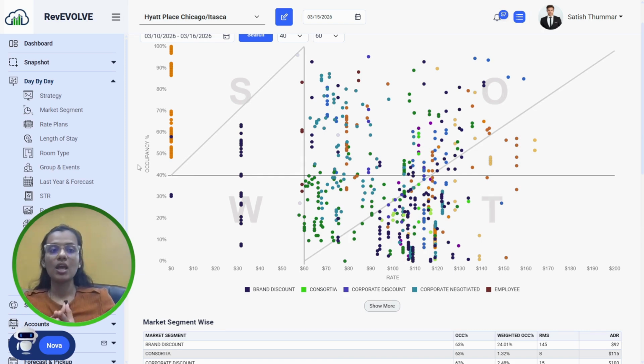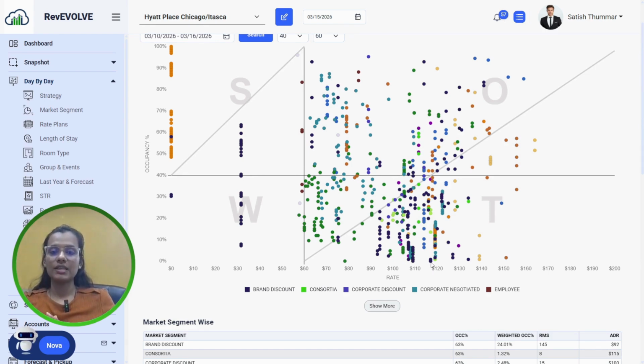Now let's pause at a horizontal line, let's say at 40% occupancy. This line is important because below this level demand is still forming, and above this level demand is starting to confirm. So when you see a booking happen above this line, the market is essentially saying yes, we are willing to buy at this price.